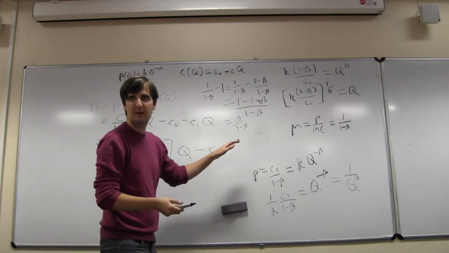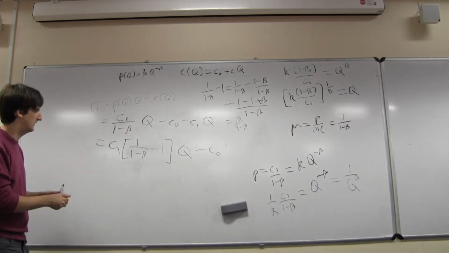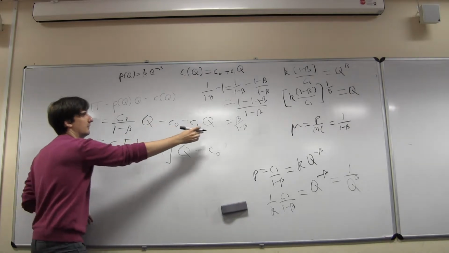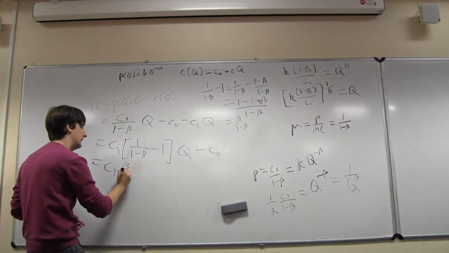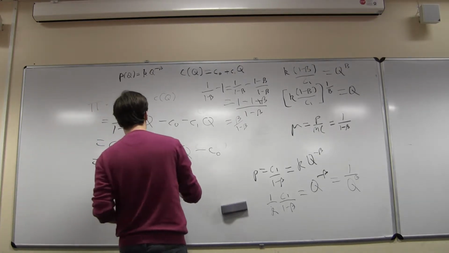I'm just going through these little mathematical tricks because it might be a while since you've done them. So these simplifications might help. So we can plug this in to here. So this is just C1 times beta over 1 minus beta times Q minus C naught.